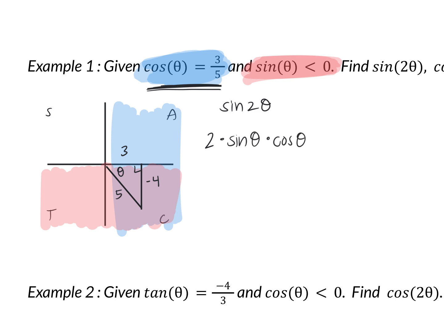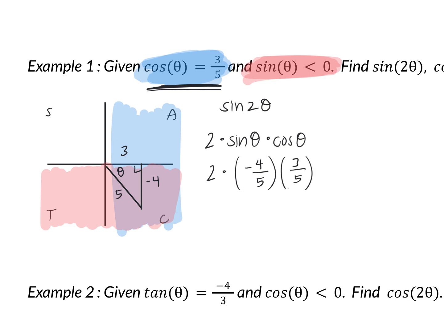Okay, so from that angle, we are going to plug in the information that we know. So sine of theta from this angle, sine is opposite over hypotenuse. So sine would be negative 4/5. We okay with that? And cosine they already gave us. Cosine is 3/5.